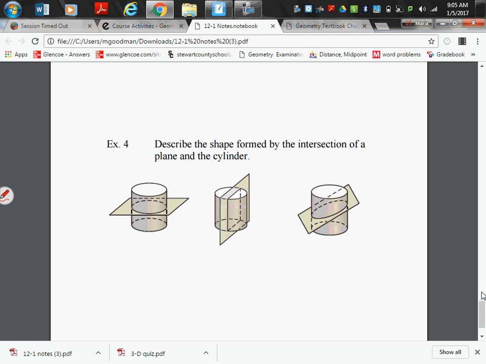All right. So if I have this shape, here's the easiest way. If a cross section is cut parallel to your bases, the cross section will be the same as the base.